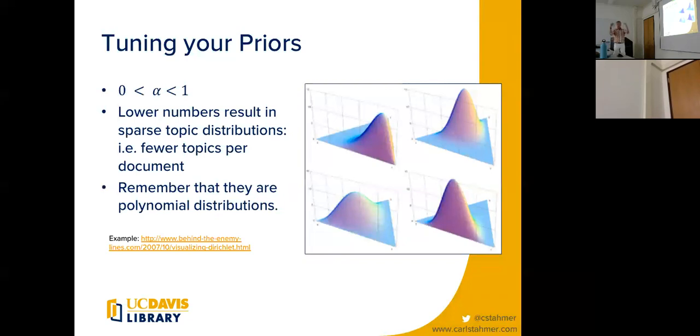If you tune this to be a lower number, what you end up with is a more sparse topic distribution. In other words, fewer topics per document, or the word is going to be spread across fewer topics. It's more sparse.